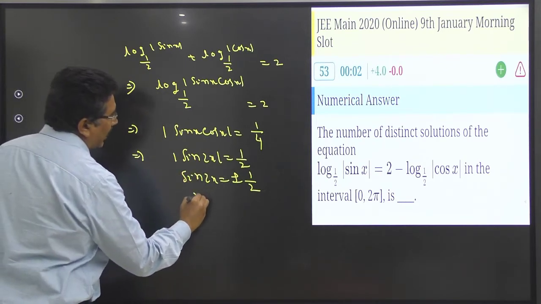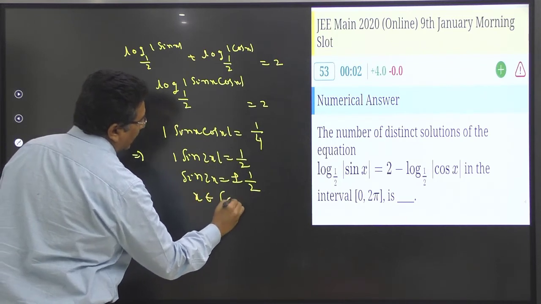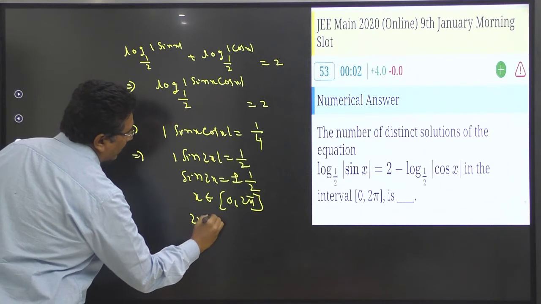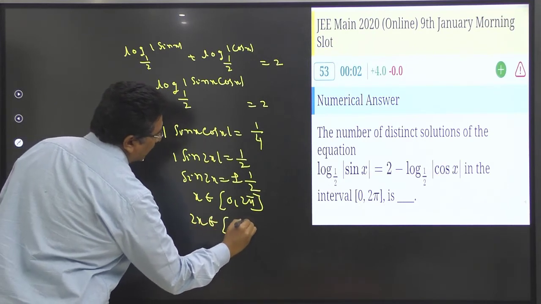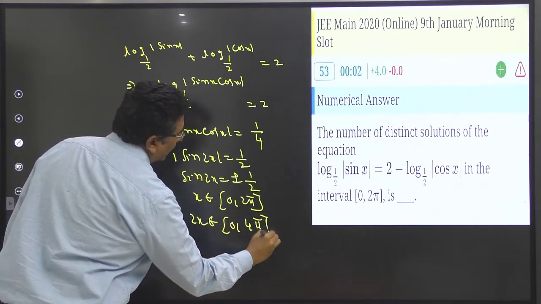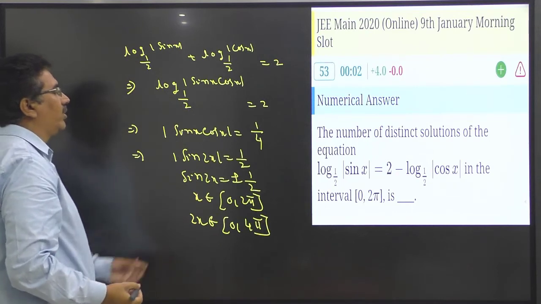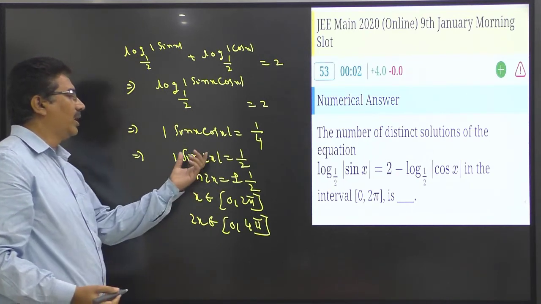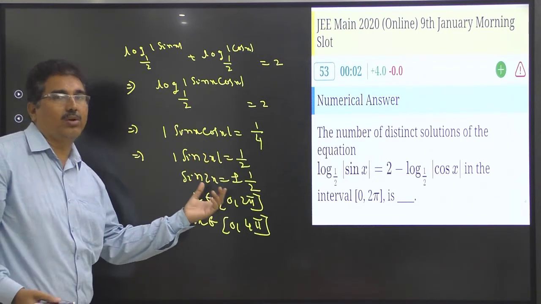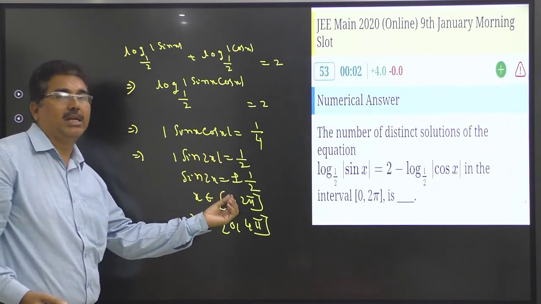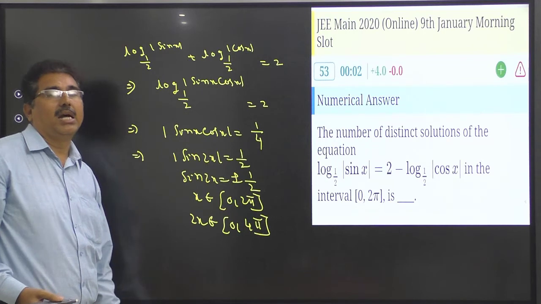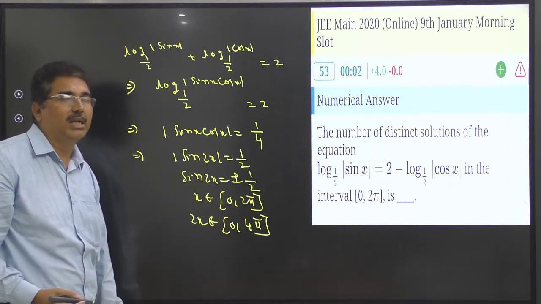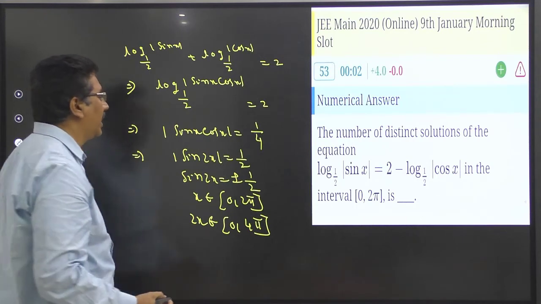Here x belongs to the closed interval [0, 2 pi], so 2x belongs to [0, 4 pi]. Therefore, sin 2x equal to plus or minus 1/2 has 4 solutions in the interval [0, 2 pi] and 4 more solutions in [2 pi, 4 pi].